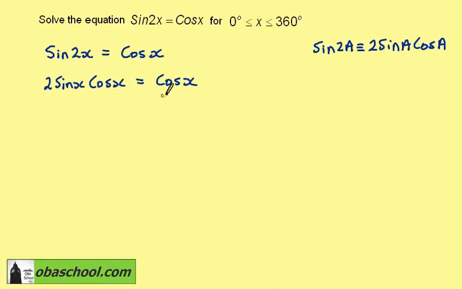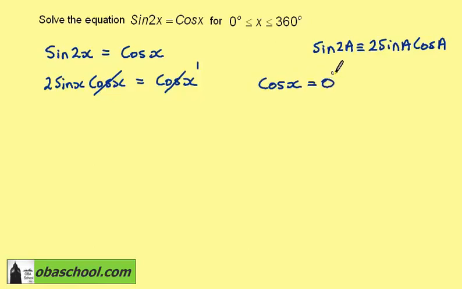A common mistake here is just simply to cancel the cos x and say that 2 sin x is equal to 1. The reason that this is a mistake is because a solution to this equation is cos x equal to 0.